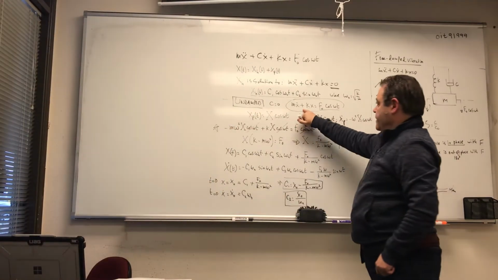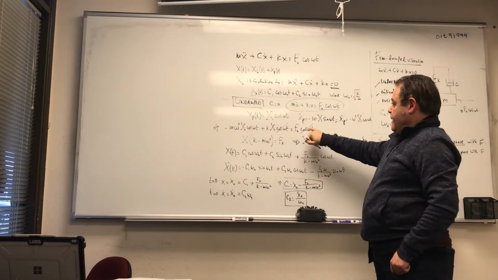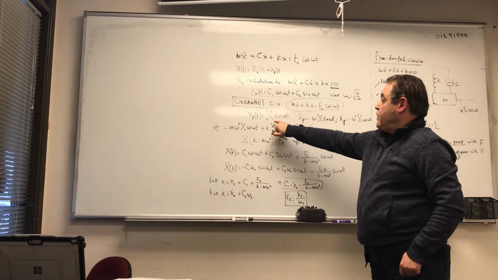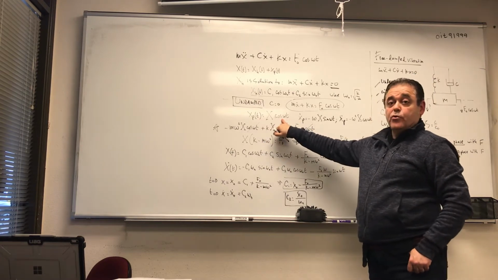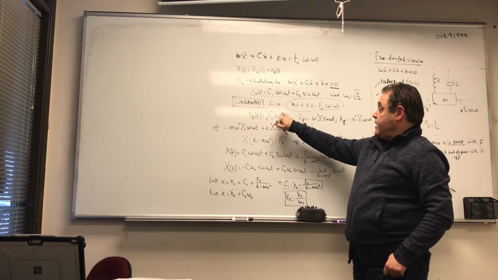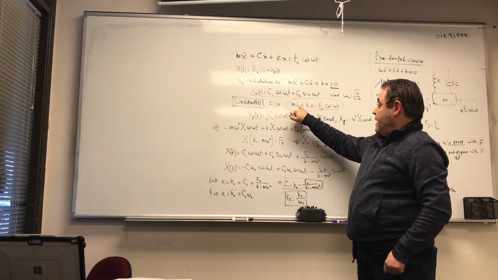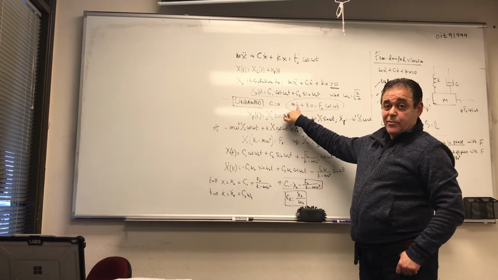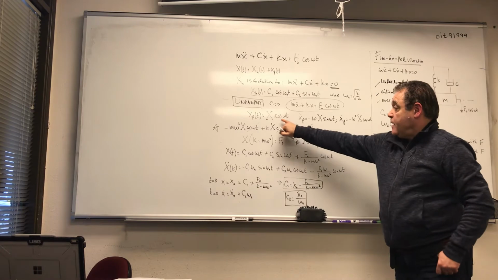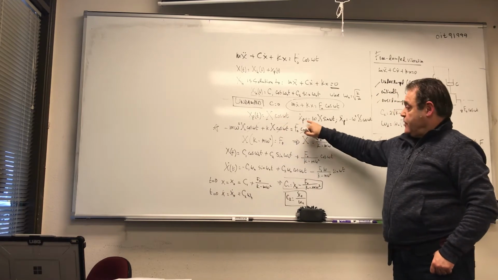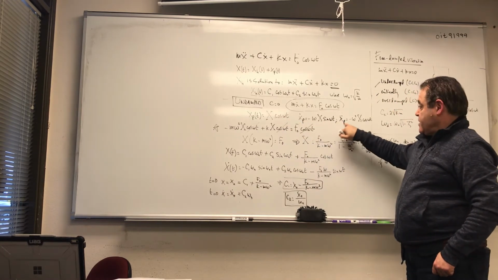Here we have our differential equation. This is what we have assumed the solution to look like. Before I plug it into this equation, I have to figure out what x dot dot is going to be. That's what I did here. I went from the function to its first derivative to its second derivative.